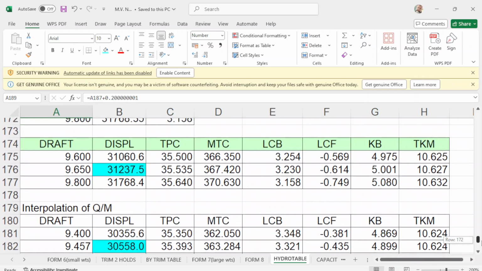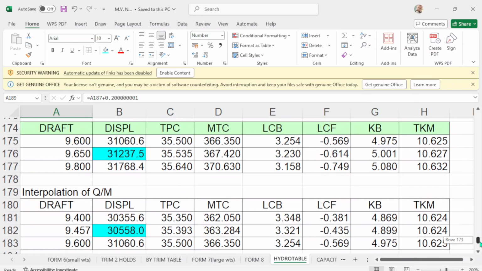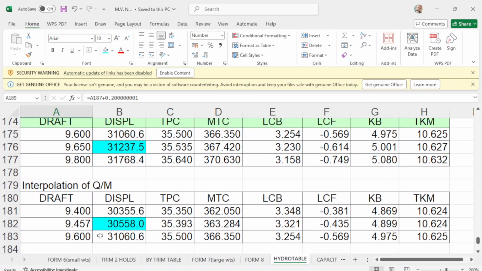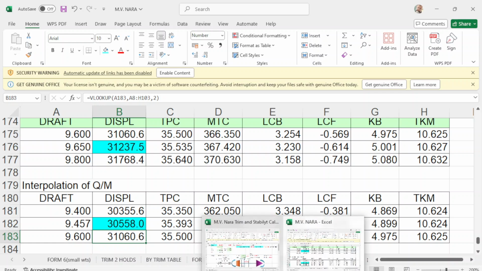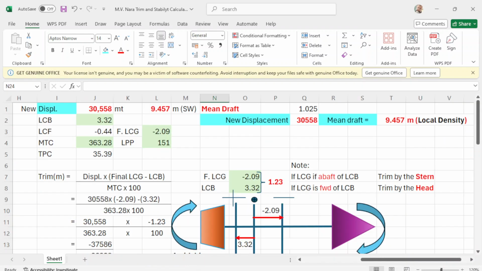I put now the displacement of 30558, and the corresponding draft is 9.457 in salt water, because you get the figure from the hydrostatic table.